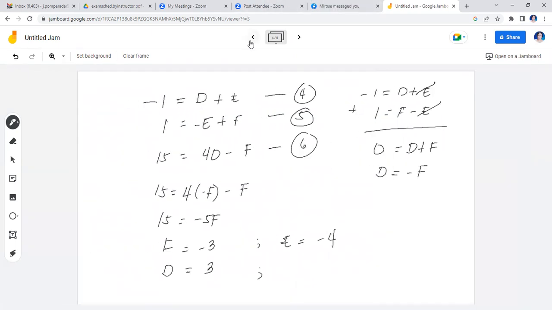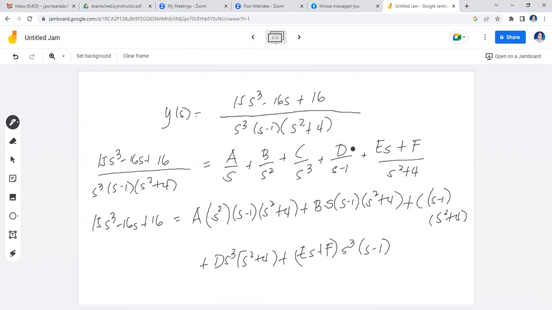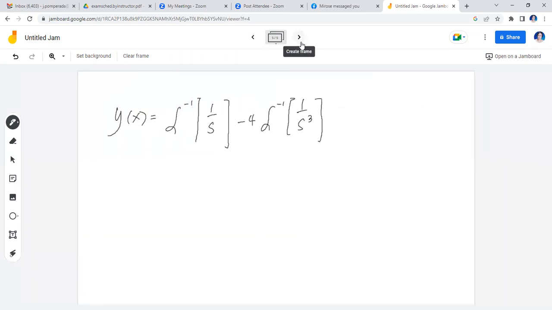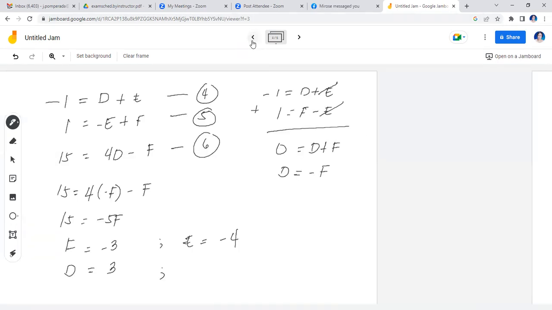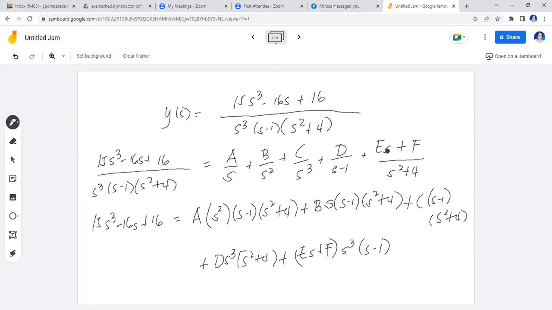Your D is 3. And what is that D? This one, s minus 1. So 3 plus 3 inverse Laplace of 1 over s minus 1. Okay? What about the E is negative 4, and this is it.